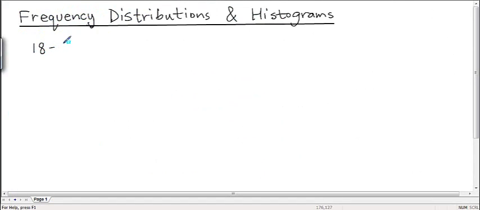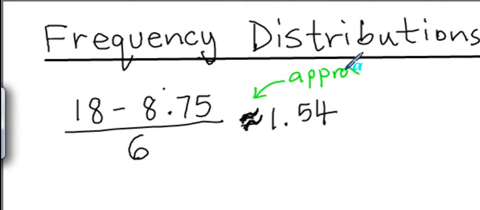So 18 minus 8 3/4, or 8.75, divided by 6 classes gives a class width of 9.25 divided by 6, roughly 1.54. I'll put these squiggly lines to mean approximately. Anytime you see the squiggly equal sign, it means approximately.